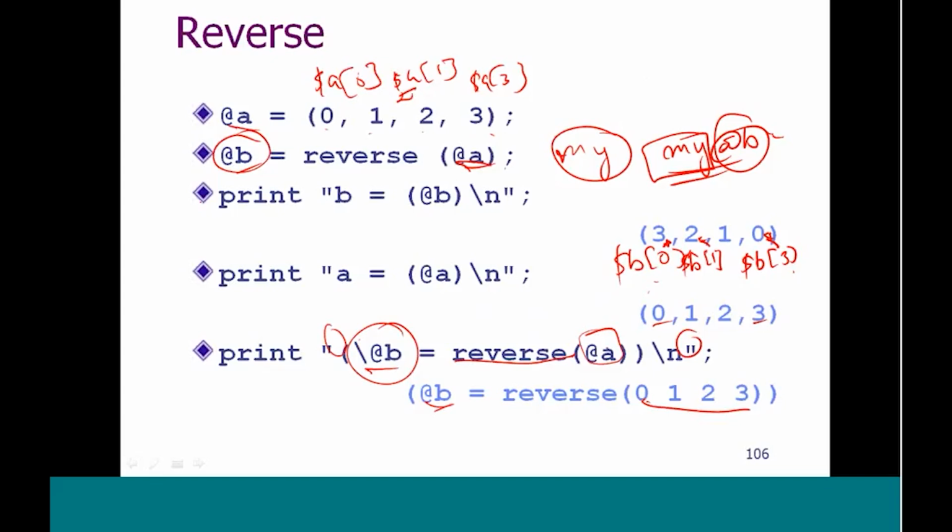So if you have a 10 element array, when we do a reverse operation, it still returns a 10 element array, but the indexes are exactly opposite. The 0th element will become the 9th element, and the first element will become the 8th element, and so all the way. That's the reverse operator.